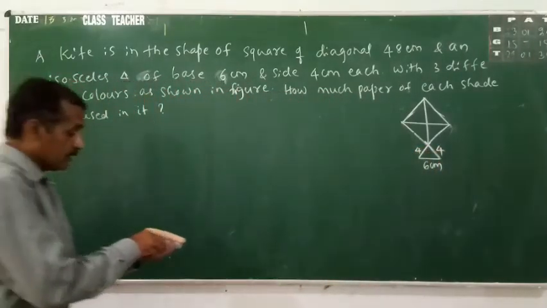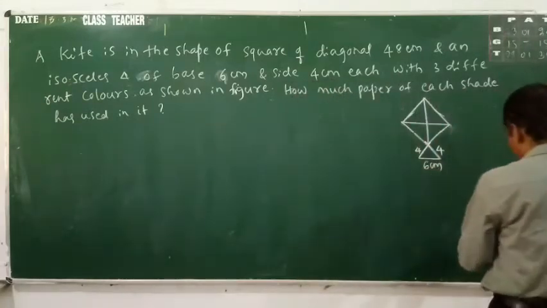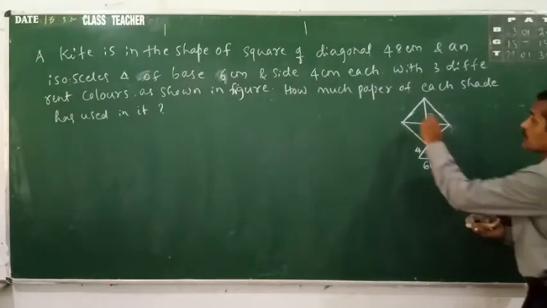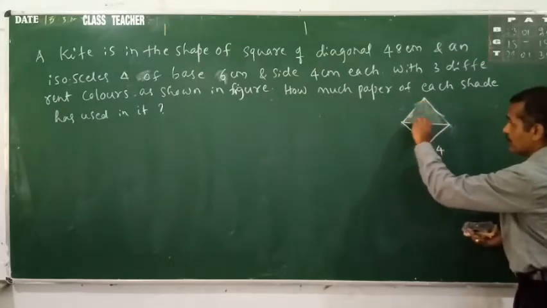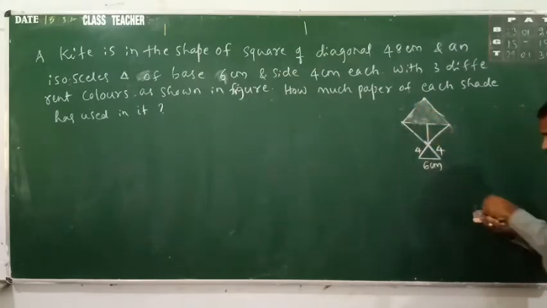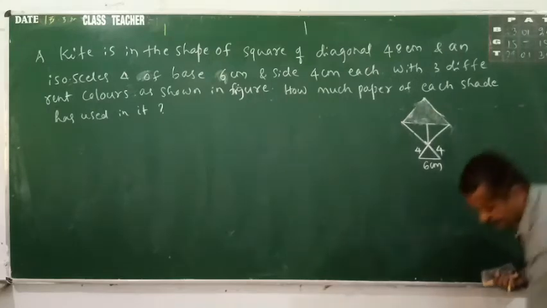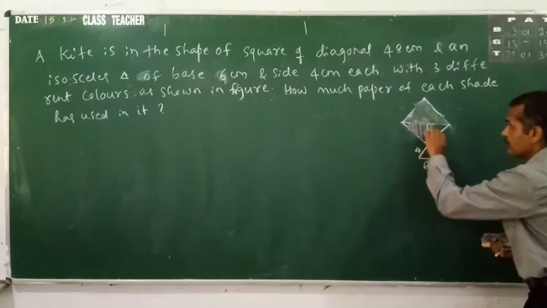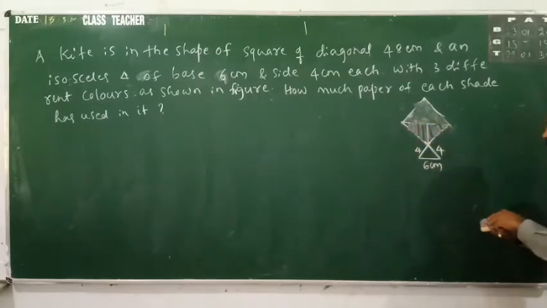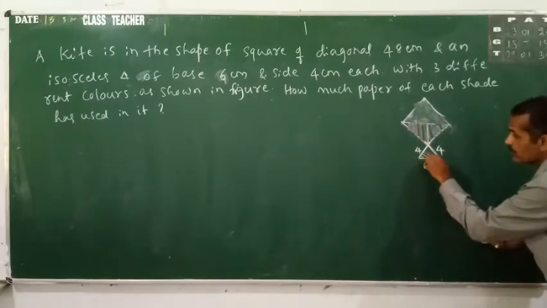This kite is made with 3 different colors. This is the first colored paper, this is the second colored paper, and this is the third colored paper.